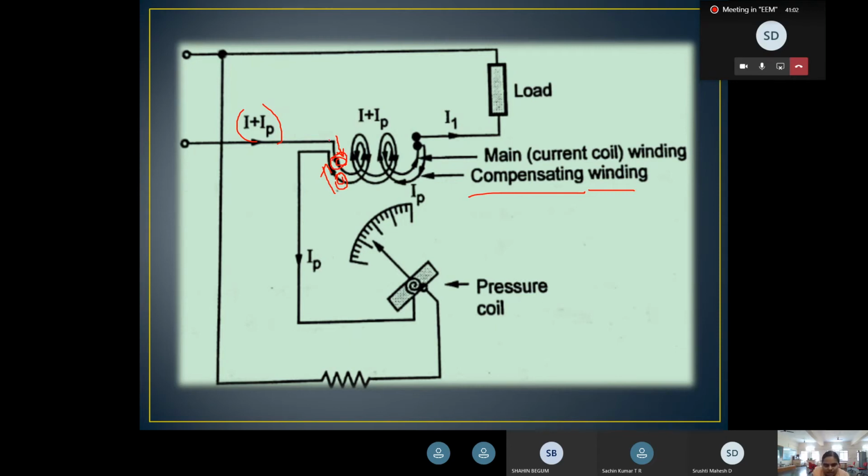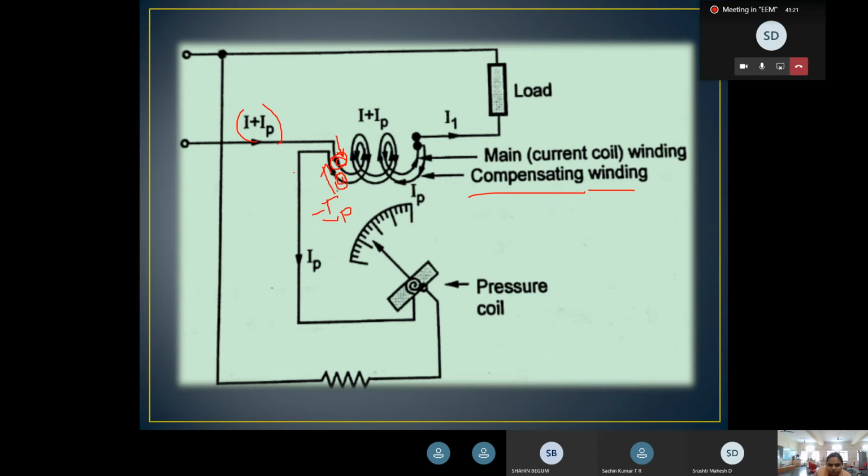The current flowing here is I plus IP, and the current flowing from the compensating winding is IP. Just observe the direction: it is in the opposite direction. If it is I plus IP here, it is taken as minus IP there.